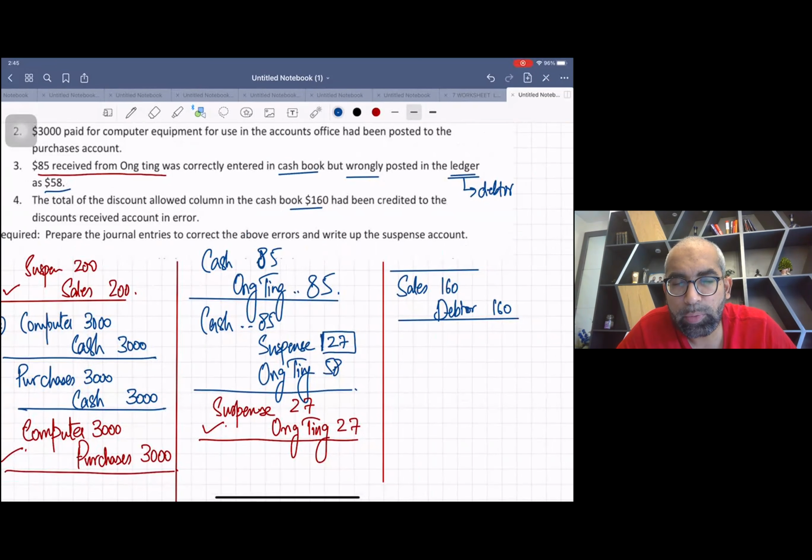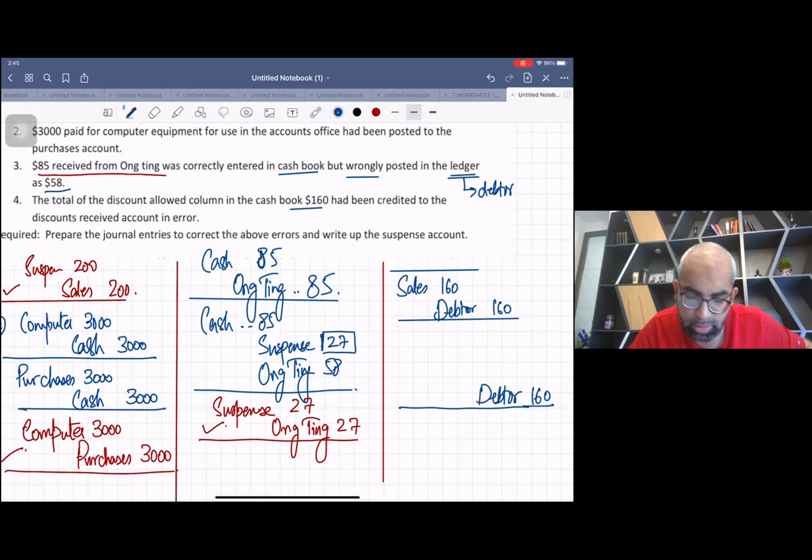Read this point number 4. No, nothing bad is written about the debtor account. That means the debtor account is perfect. Whenever the examiner is silent about something, that thing is perfect. So they have booked the debtor correctly on the credit side, no mistake.